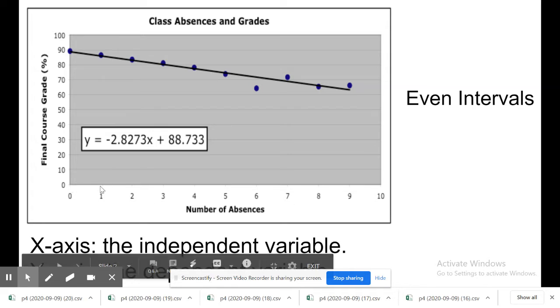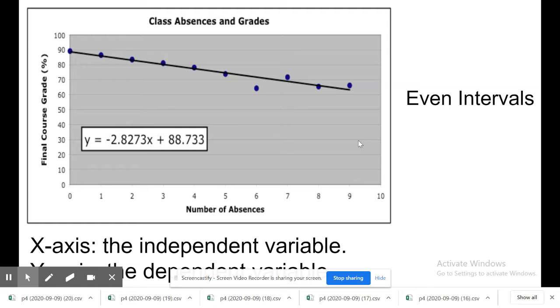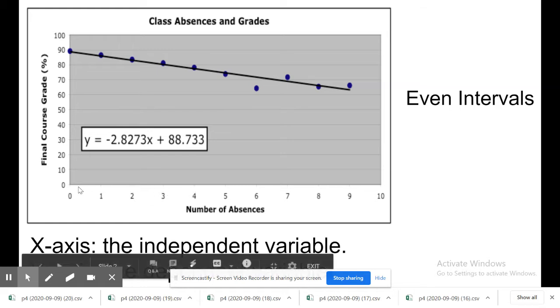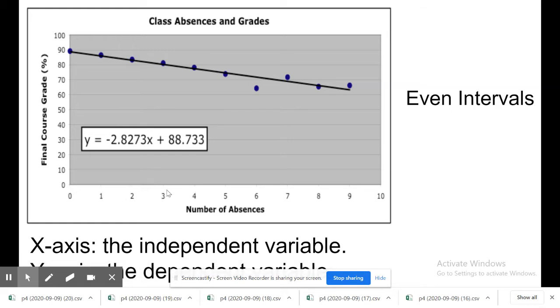It's super important that you keep even intervals, meaning this distance from 0 to 1, you need to make another same distance from 1 to 2. So this difference is 1, this difference is another 1, this is another 1. Those intervals are the same because they have the same difference.